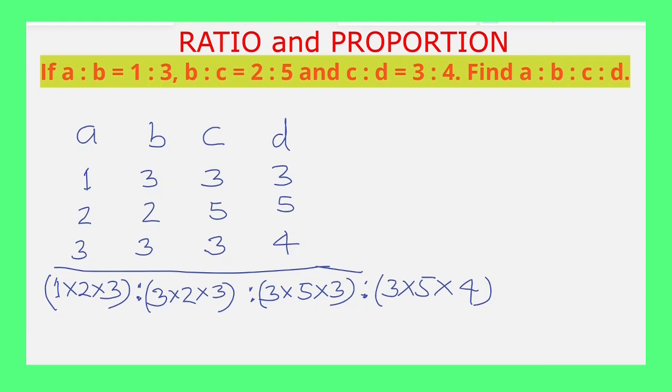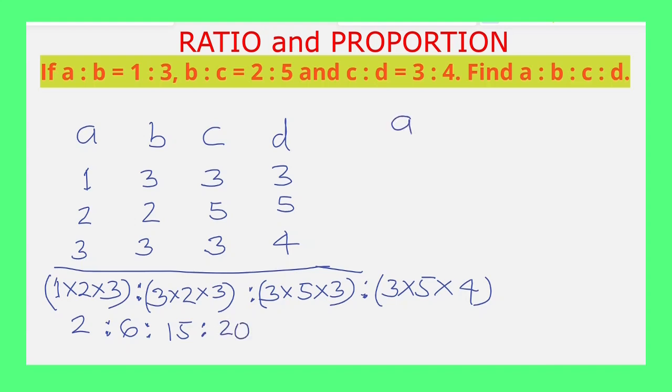So we divide all the ratios by 3 and we get 1 multiplied by 2 is 2. Ratio 3 multiplied by 2 is 6. Ratio 3 multiplied by 5 is 15. Ratio 4 multiplied by 5 is 20.